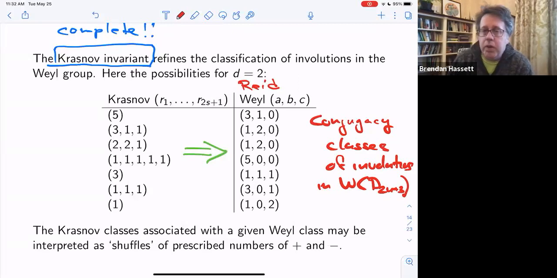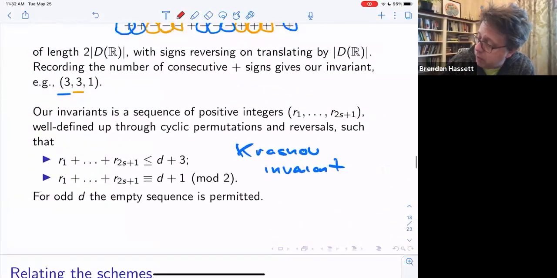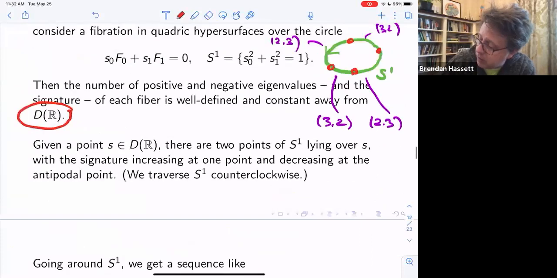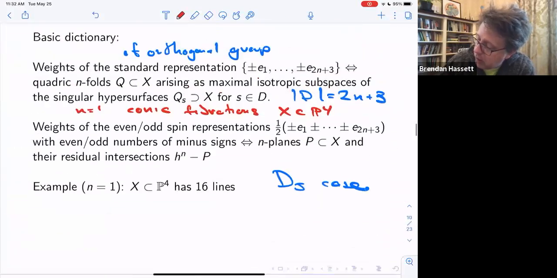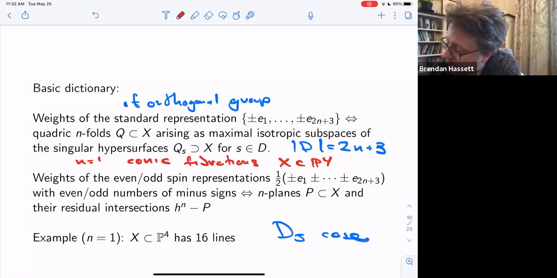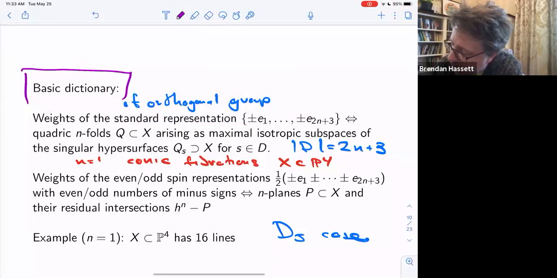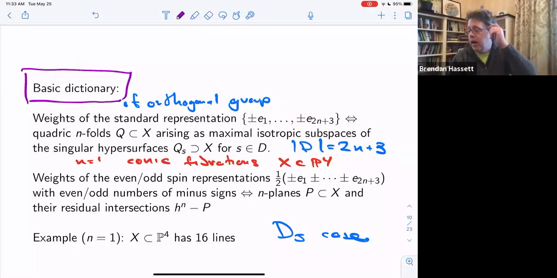Okay, so we have these different invariants. One reason why I really like the Reid approach is that I find the dictionary here to be quite important. That is, there's a pretty clear connection between the structure of these Wall groups and the structure of the degenerate quadric hypersurfaces containing our complete intersection.